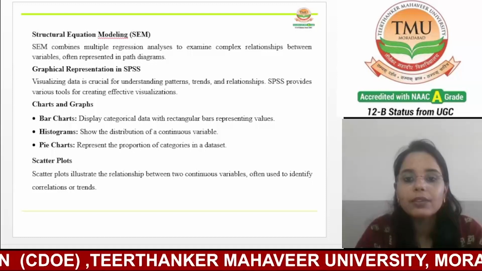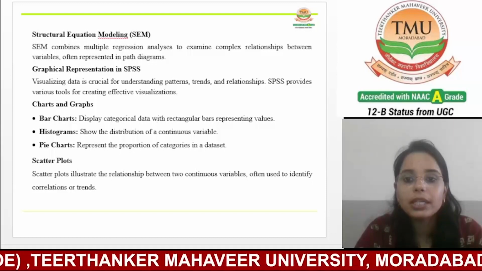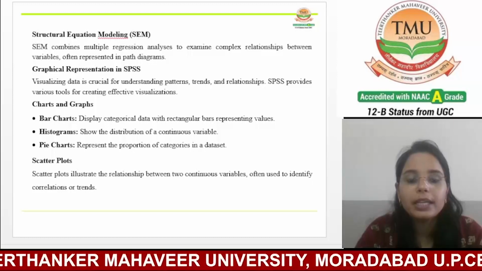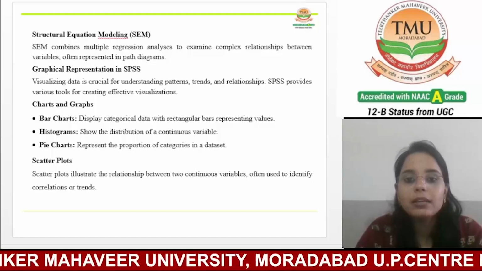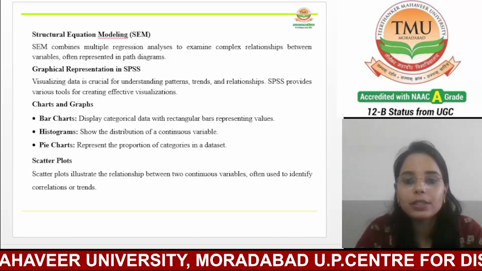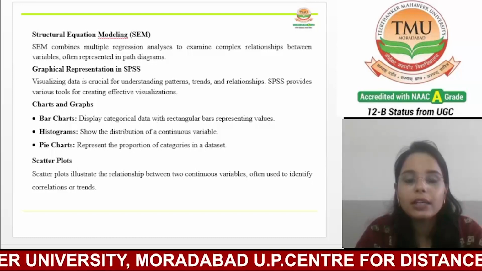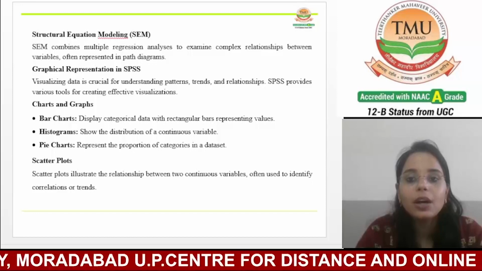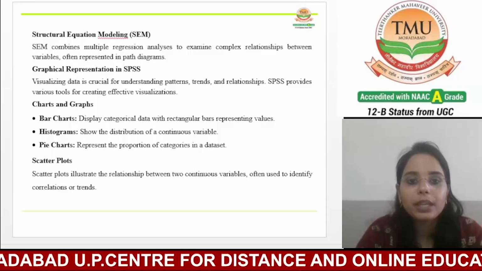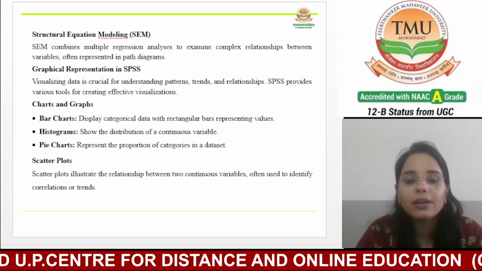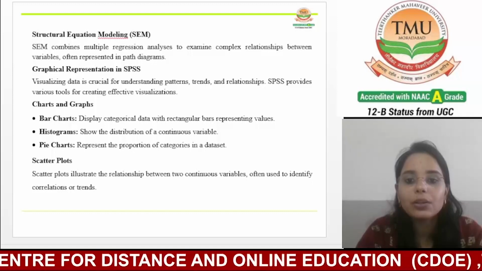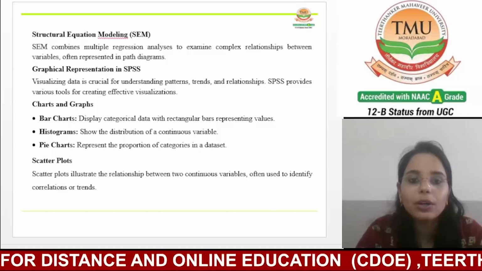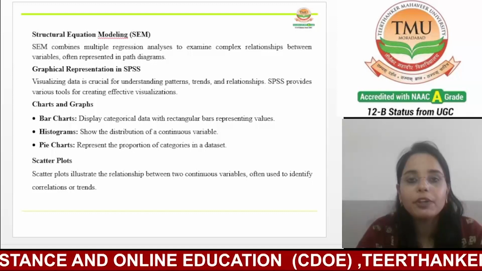Bar charts can be oriented either horizontally or vertically, depending on the nature of the data and the preferences of the researcher. For instance, a vertical bar chart might be used to compare the sales figures of different product categories over a year, while a horizontal bar chart could display the frequency of responses to a survey question.